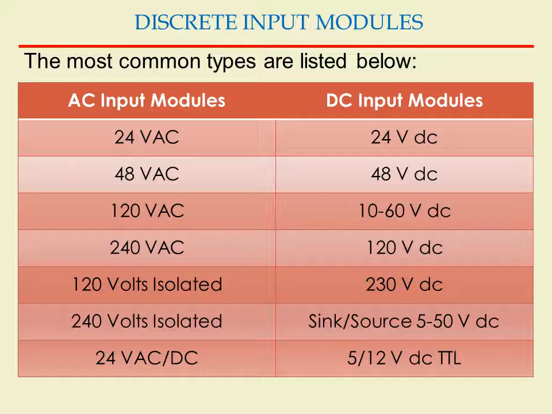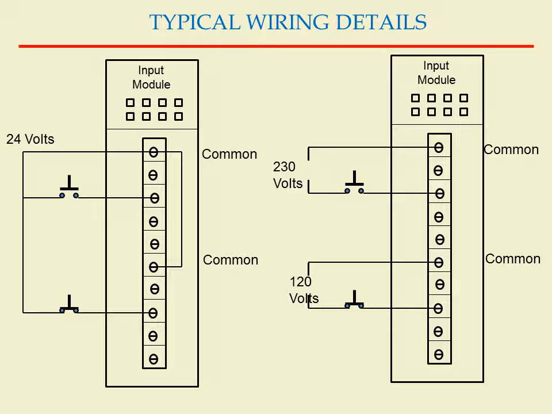Also DC input modules requiring the input equal to 24 volt DC, 48 volt DC, 10 to 60 volt DC, 120 volt DC, 230 volt DC, sink or source type of 5 to 50 volt DC, 5 to 12 volt DC, TTL. So these are the various inputs required for the input module. Depending on the application, any type of the input module is used.